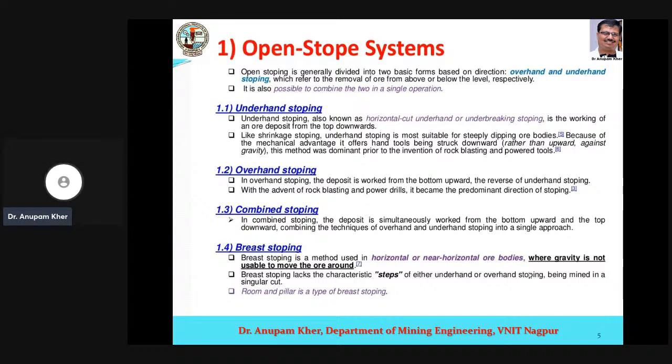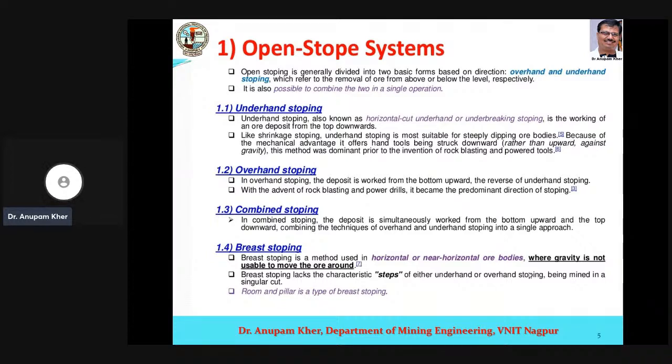If we are working from the top level to the bottom level, that means our advancement is towards the lower level, always going from top to bottom, the working direction is downwards, then the stoping is called underhand stoping. This is purely a directional term.